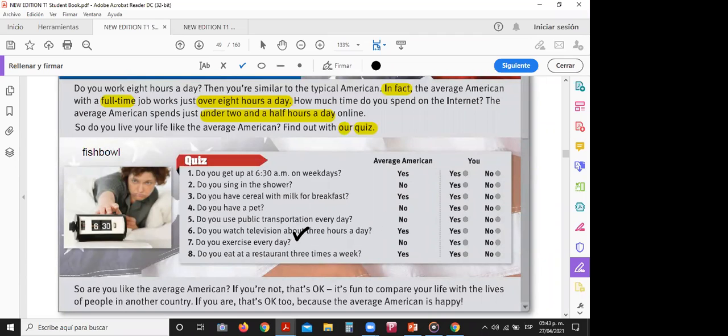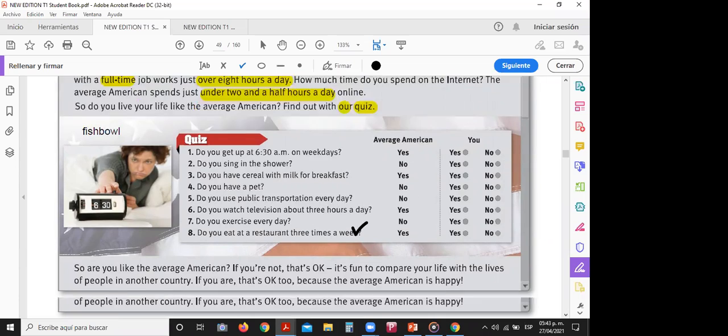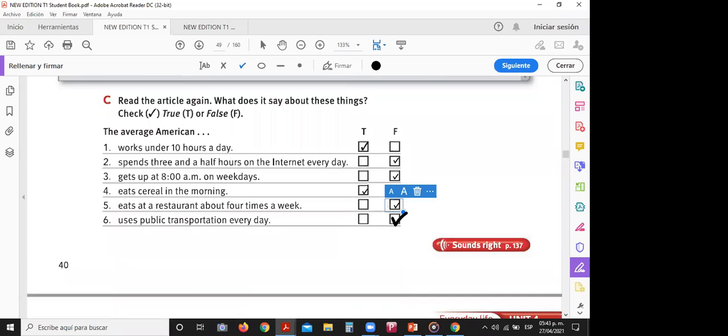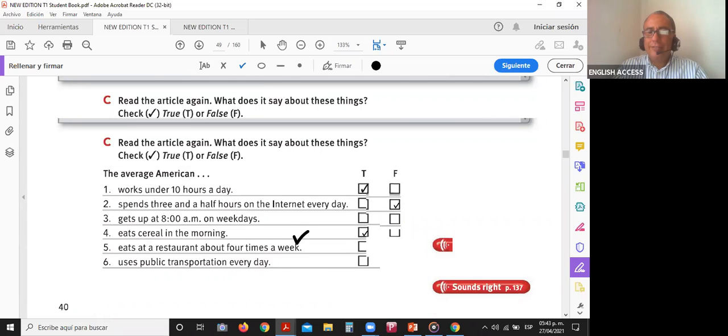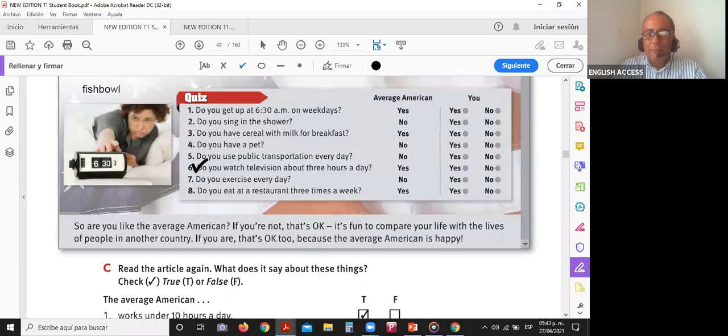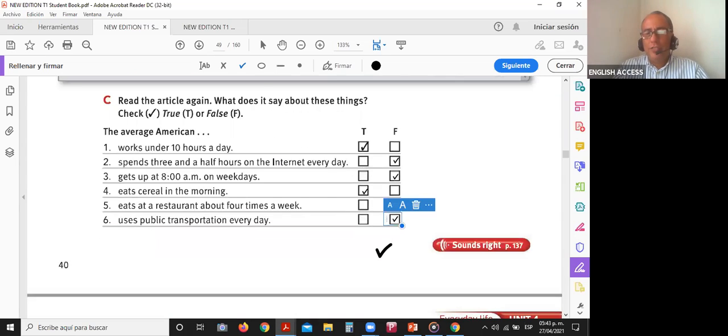True. Really, Antonio? It's false. Look at question number 5: do you use public transportation every day? No. The average American does not use public transportation. So this is false. Okay?